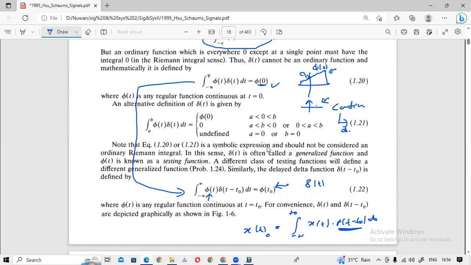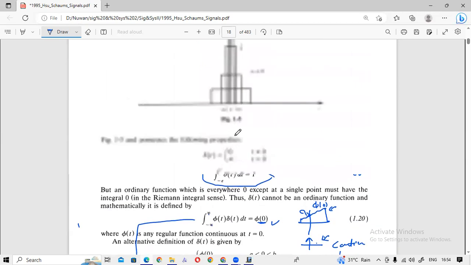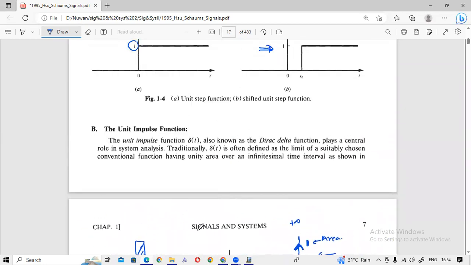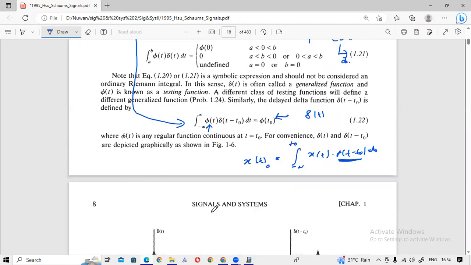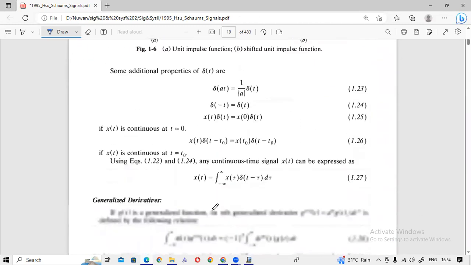If you consider the discrete unit impulse function, it is not mathematically complex. You can understand it very easily. So anyway, if you can't understand this completely, it will be okay, no issue.